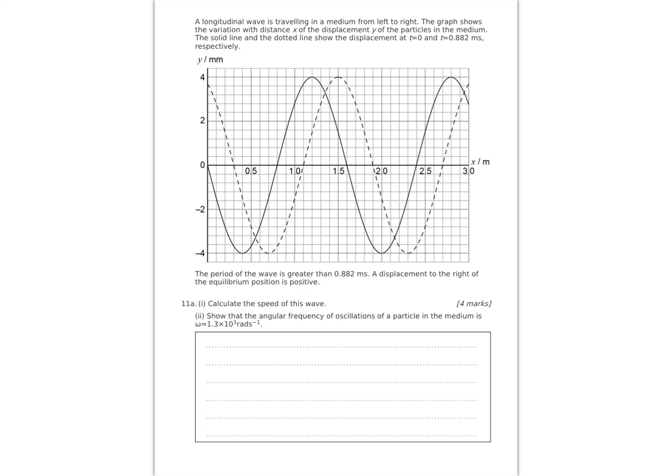So the solid line represents the system at time 0, showing where the compressions and rarefactions are, and then the dashed line shows that same system that has actually traveled forward in space because the sound wave itself is traveling.